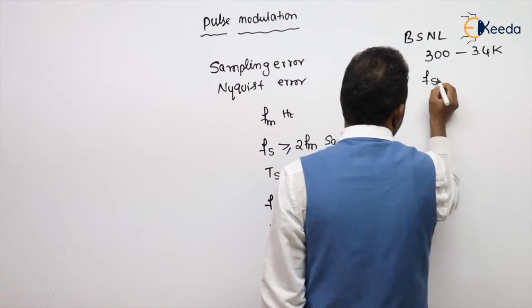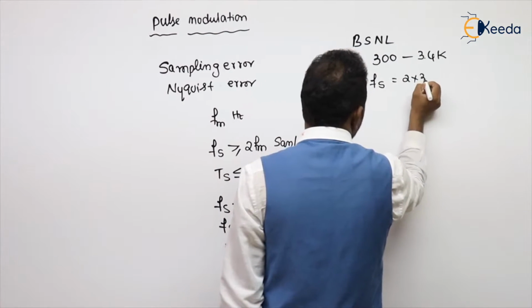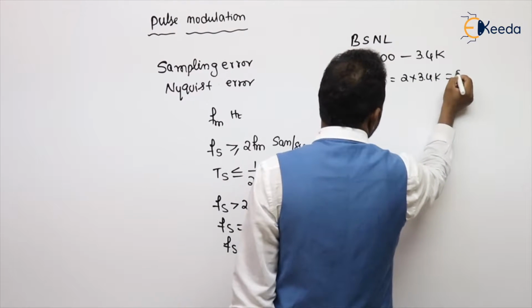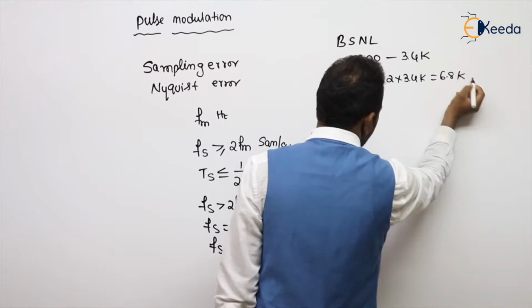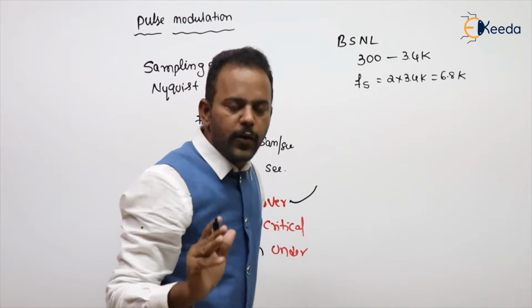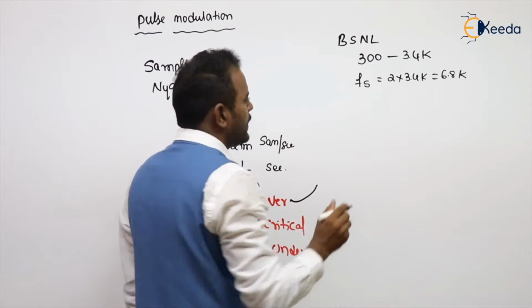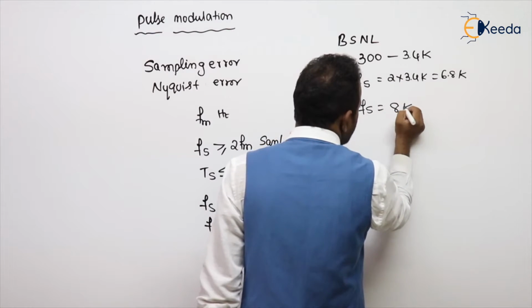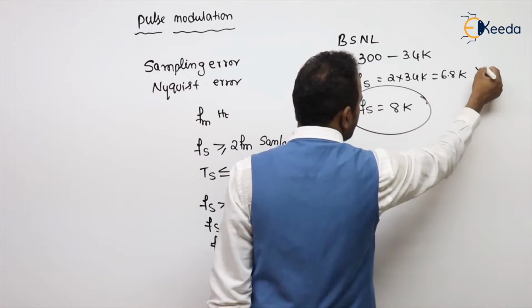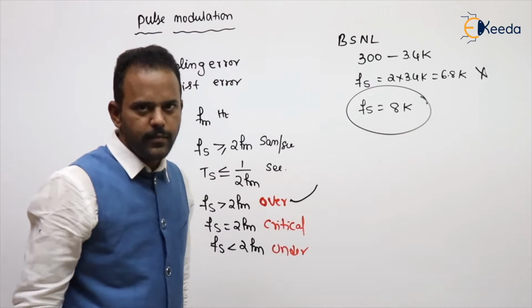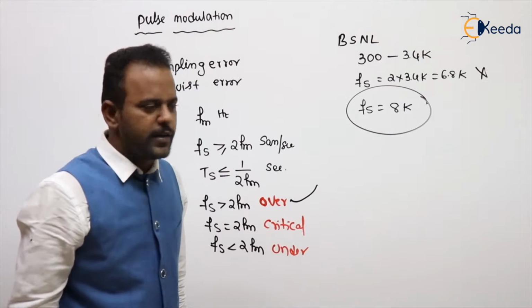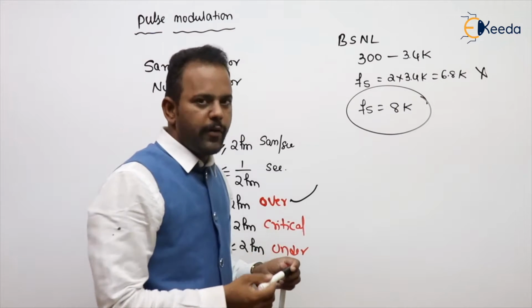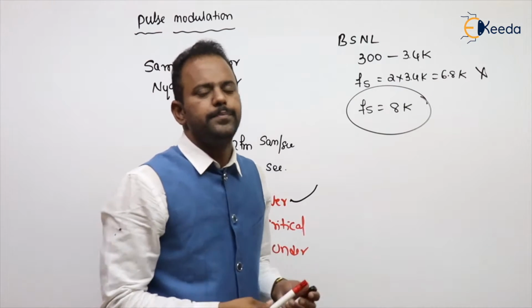Even if I take the highest frequency, 2 times 3.4 is 6.8. But what do we practically use in DOT or BSNL? We practically use an Fs value of 8 kHz. Are you getting my point or not? So, the practically preferred one is oversampling.